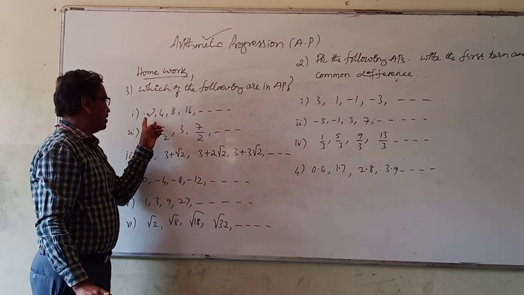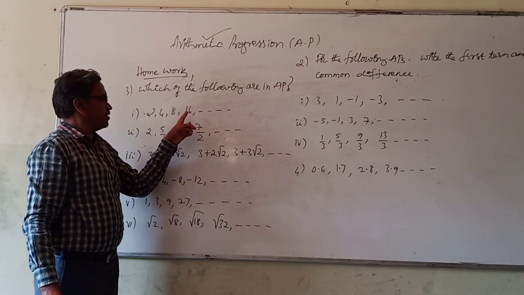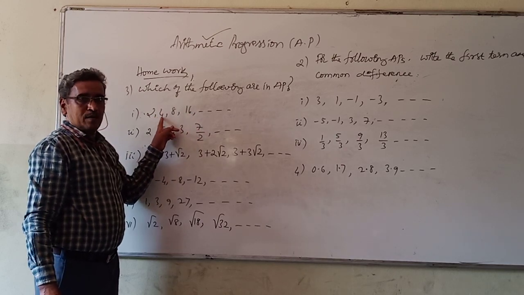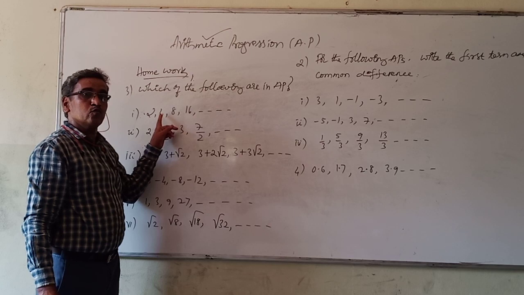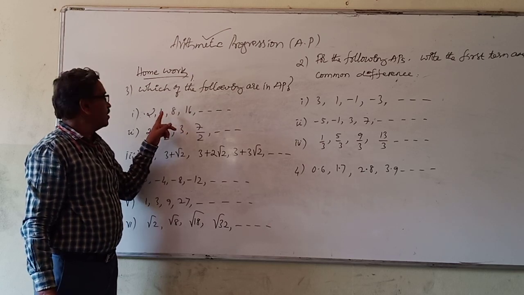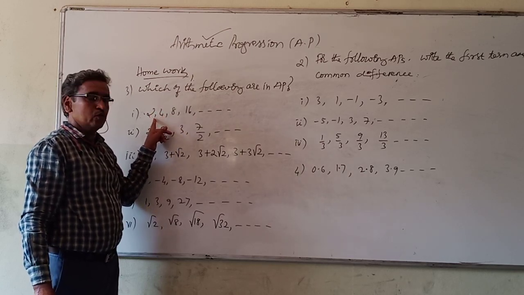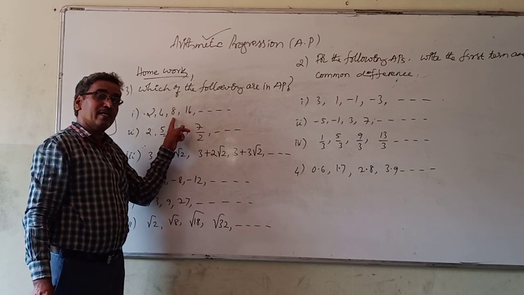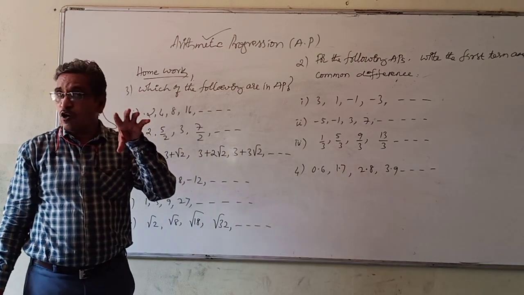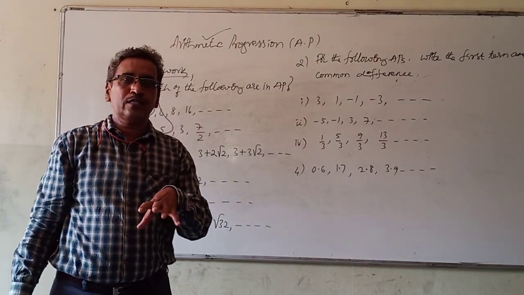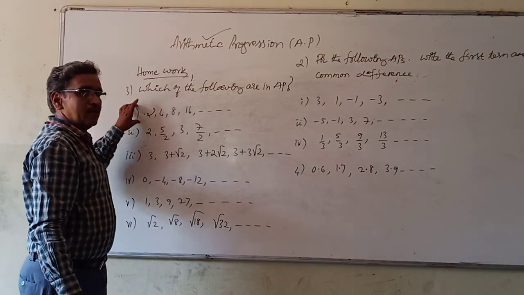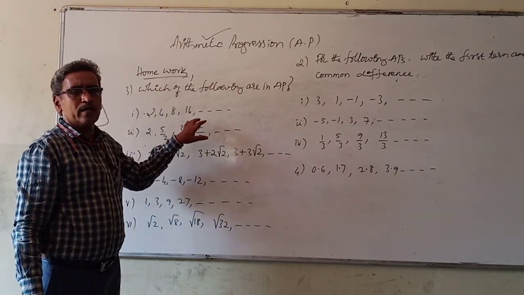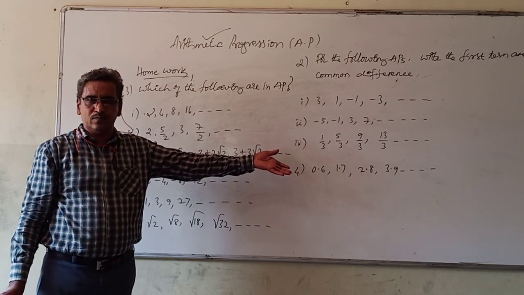Just one example I want to tell you: 2, 4, 8, 16. 4 minus 2 is 2, 8 minus 4 is 4, 16 minus 8 is 8. So the common difference is not constant. So in the first example, the numbers are not in AP. Understand? So there is no need to write 3 more terms.